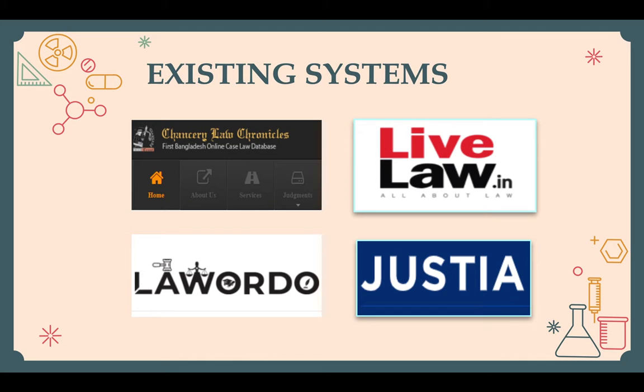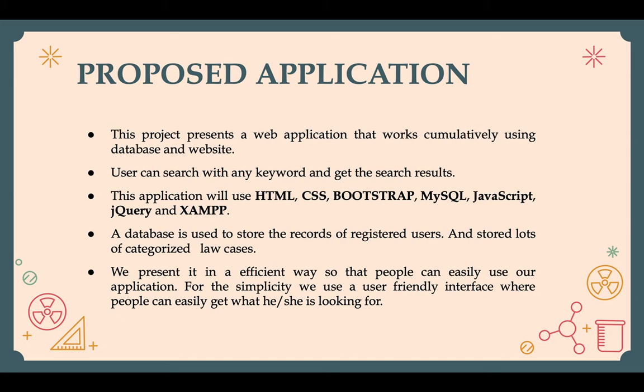So here are some existing systems we found online, which are Sherry, Live Law, Law Ordo, Justia. So the proposed method for our application is a web application that works cumulatively using a database and a website. Users can search with many keywords and get the search results.